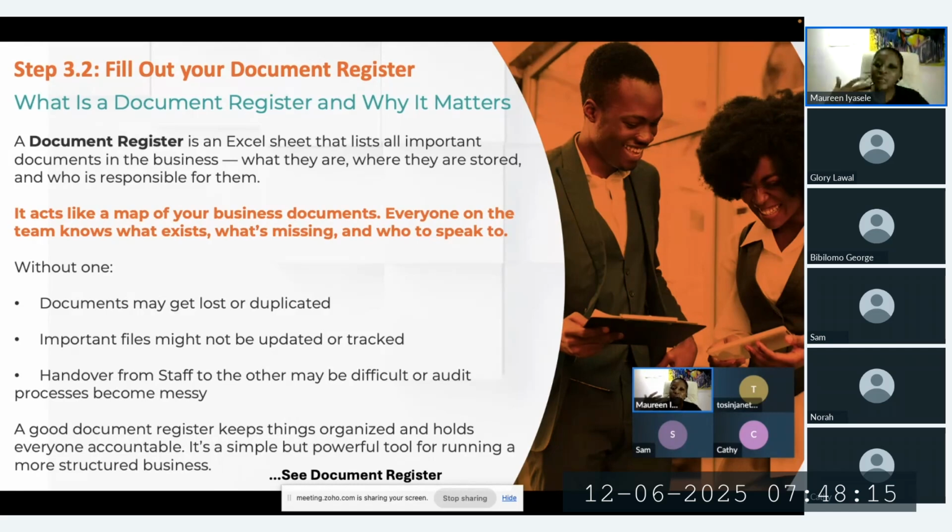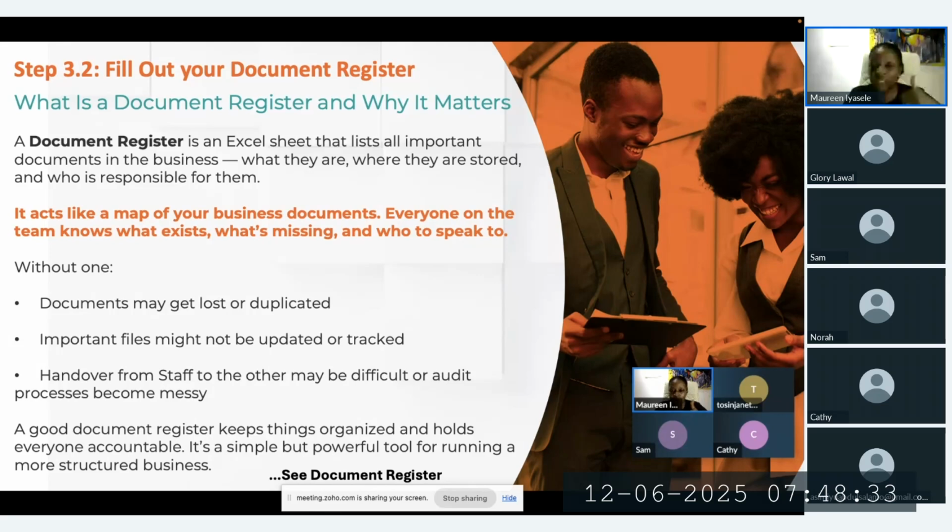And so that even helps them ask questions, like, okay, this document exists, I'm looking for it. Technically, the document register should also tell you where you can find that document and so on and so forth. But at least what it does for that person is that it enables them to know that this document exists.